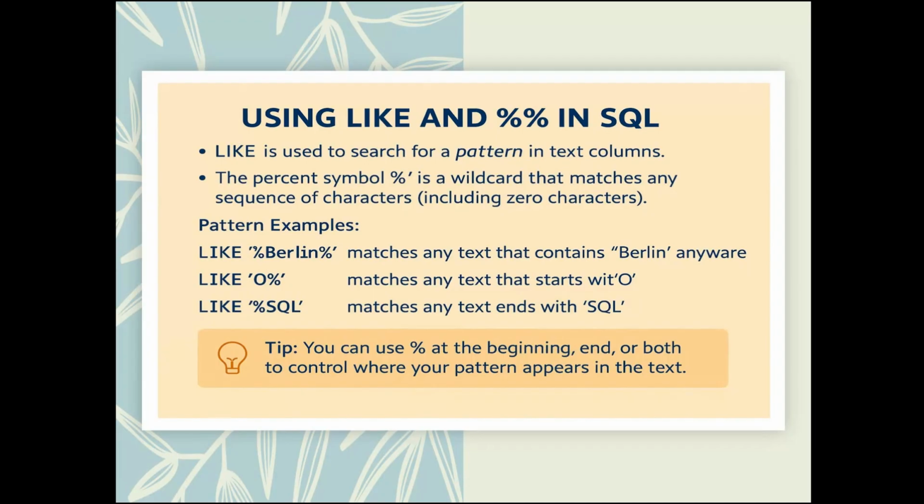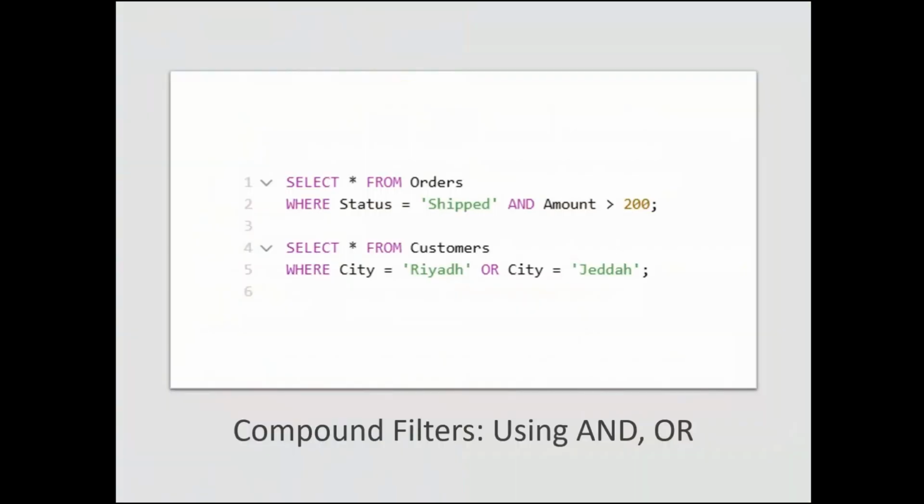If we add the percentage at the end, we are looking for anything that starts with O. If we add the percentage at the beginning, it matches any text that ends with SQL. So this is how we can use like.